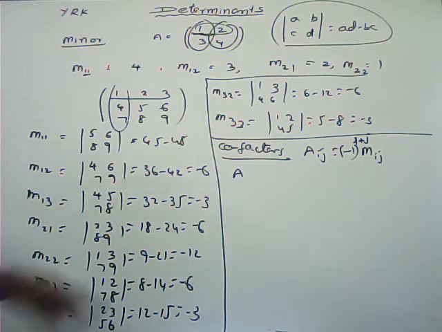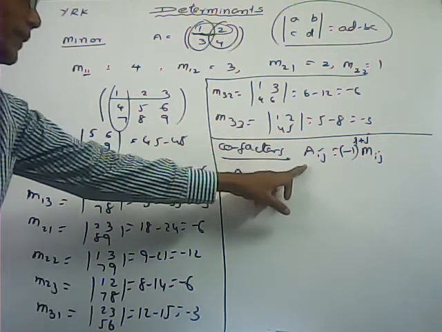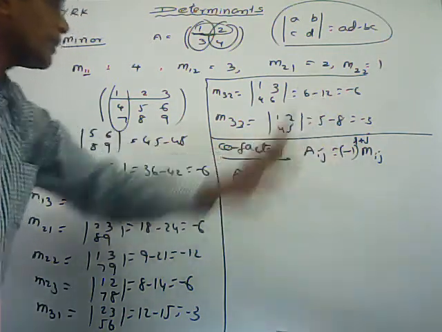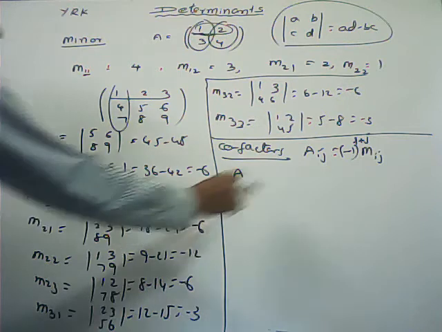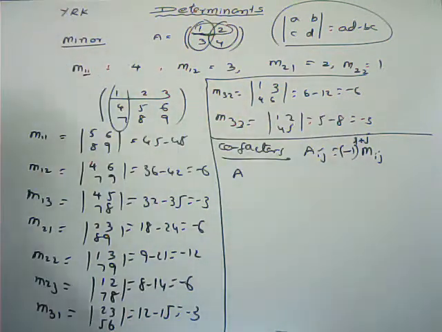Here the cofactor of the ith row jth column element is obtained by multiplying the minor of the ith row jth column element by minus 1 whole power i plus j.